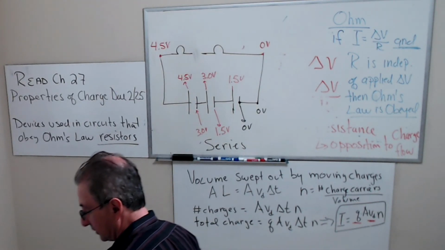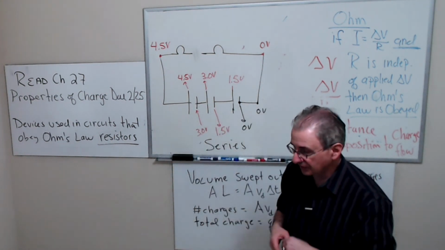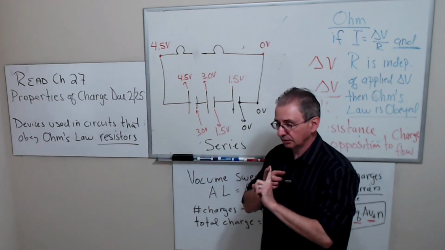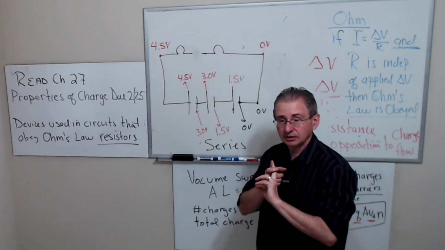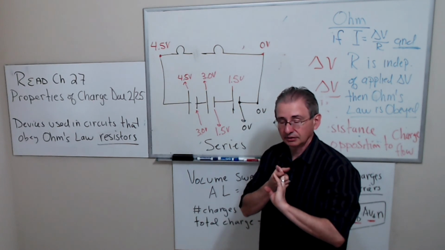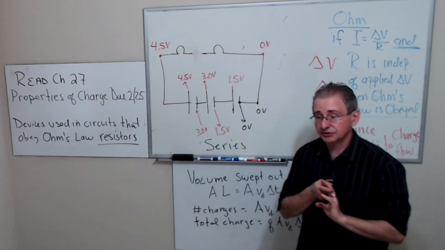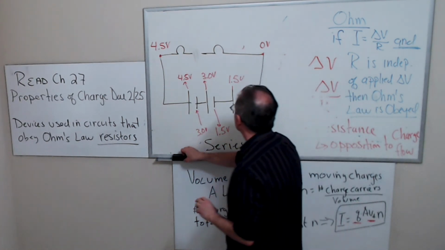In your lab kits, you got two devices that measure current, resistance, and voltage. You're going to have to learn how to use them. They're called multimeters.